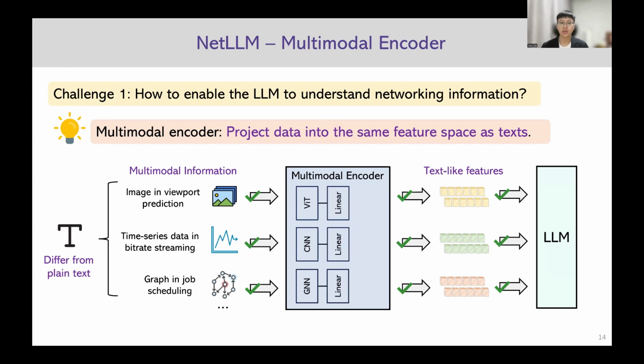Then we use a linear layer to map the extracted features to the same feature space as text. And finally, we add a layer normalization layer to normalize the multimodal features to improve the training stability. And this will result in a set of text-like features that can be understood by the LLM.